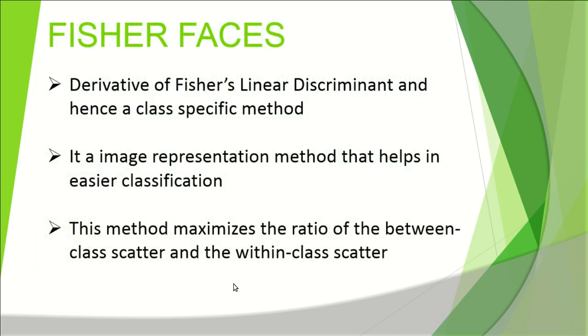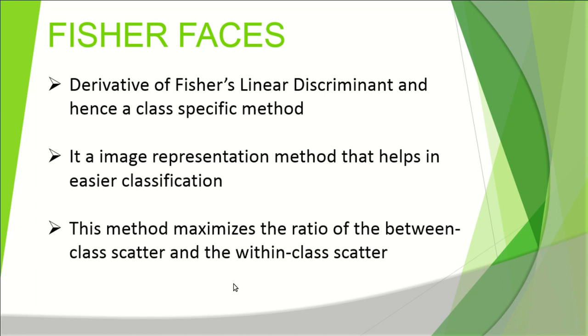Let us discuss Fisher faces in a little detail. As observed previously, Fisher faces is derived from Fisher's linear discriminant, and hence is a class-specific method. What do I mean by a class-specific method? A class-specific method uses the information available within the class for the classification, such as class labels, and in this case, it is emotion labels. Now, Fisher faces is one such image representation that helps in making classification easier.